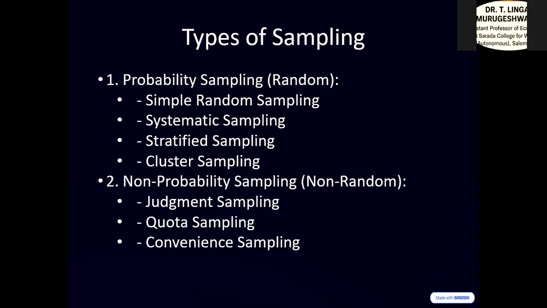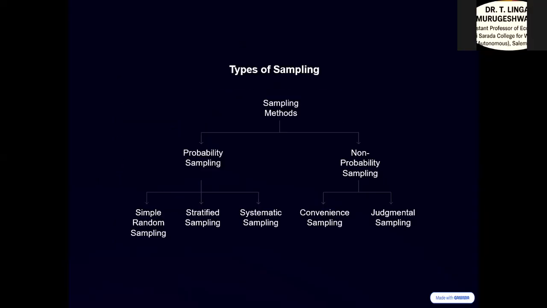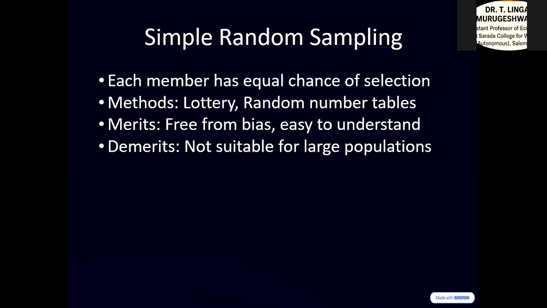First, we'll see simple random sampling. In this method, each individual has an equal probability of being selected. Think of drawing lots or using a random number generator. It's straightforward and unbiased, but it can be inefficient for very large or dispersed populations.